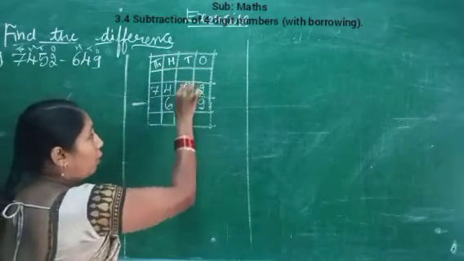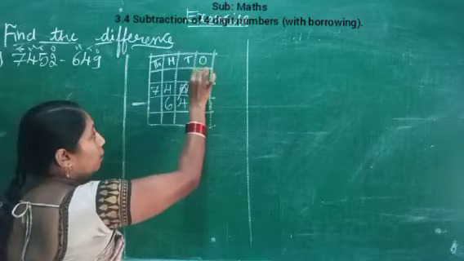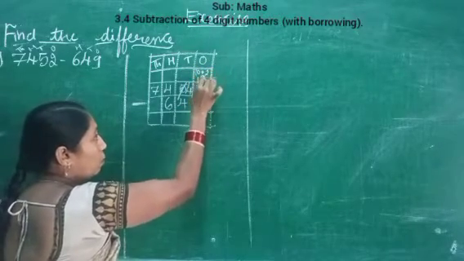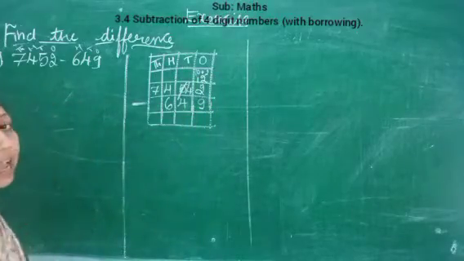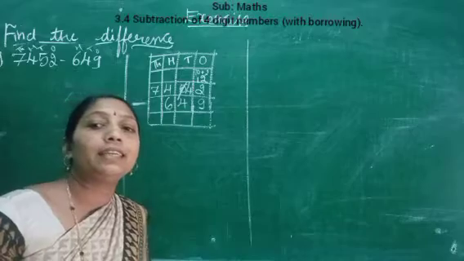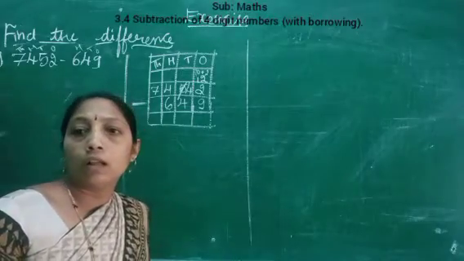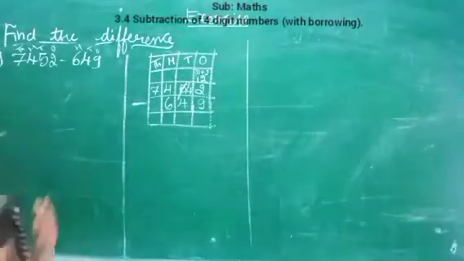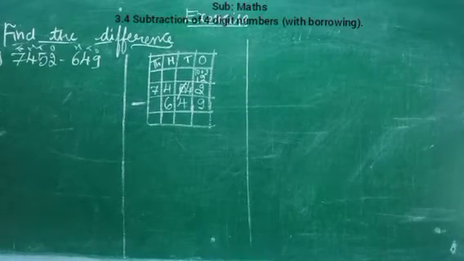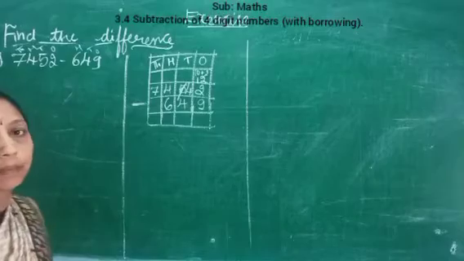It comes to the ones. 10 plus 2 is equal to 12. 12 minus 9, it is easy to subtract.